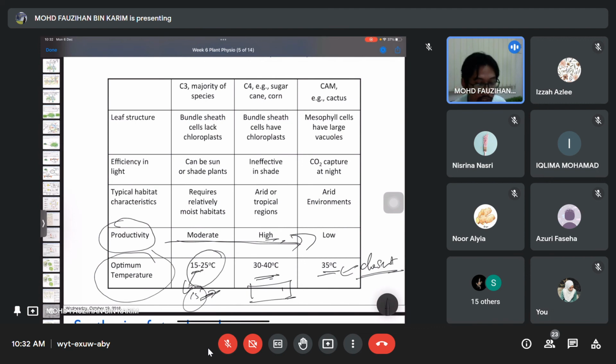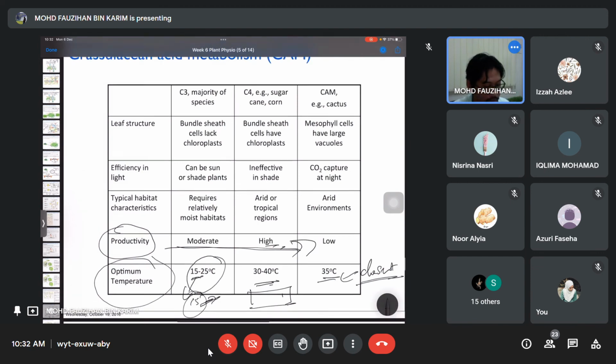So that's why in the lower temperature, even though they have significant amounts of carbon dioxide they could possibly fix, because of the inability to be activated by the lower temperature, the plants cannot function very well.